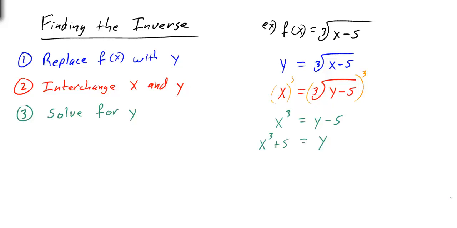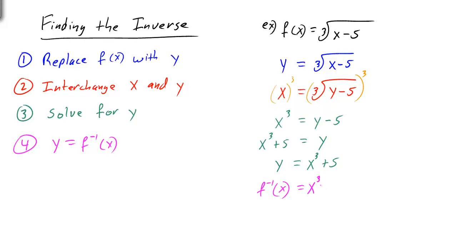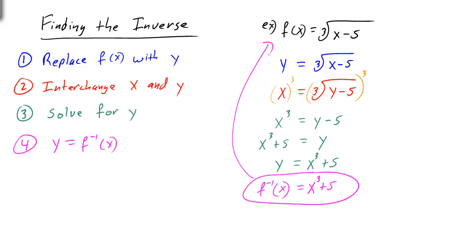And I want to switch the sides of the equation so that we have y equals x cubed plus 5. And all I did there was move the y to the left-hand side. And then this final step, step 4, is that your y that we just solved for is now the inverse function of f. So the inverse function of f is x cubed plus 5. So we have found the inverse function of the original function, the cube root of x minus 5.